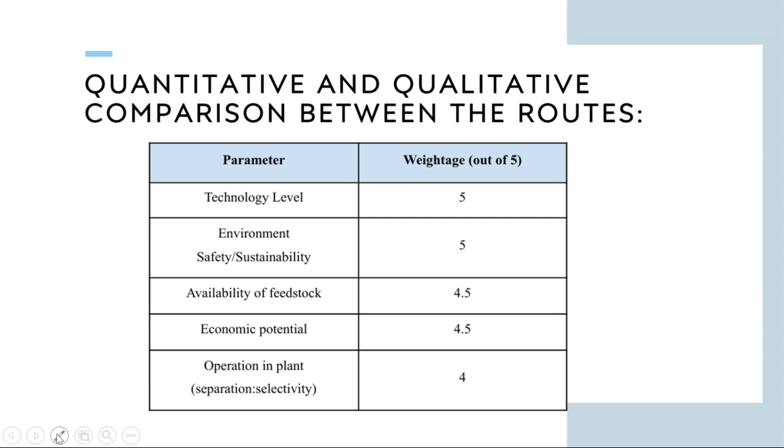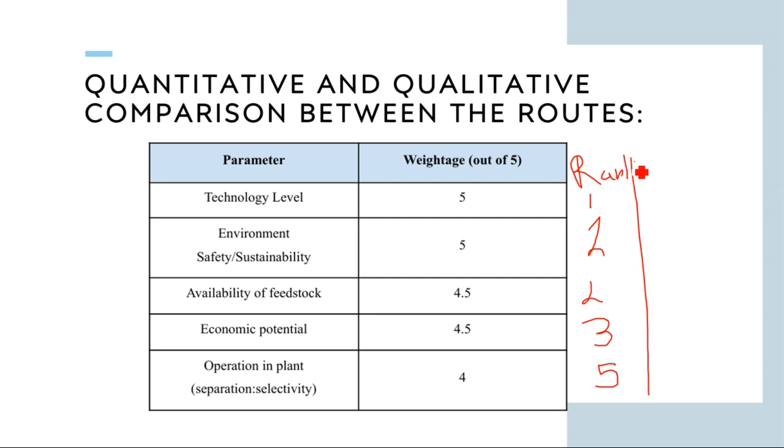So for example, let's say for some method we have a rating of 1 out of 5 for this one, 2 for this, 2 for this, 3 for this, and 5 for this. Let's say this is the ranking of the method.